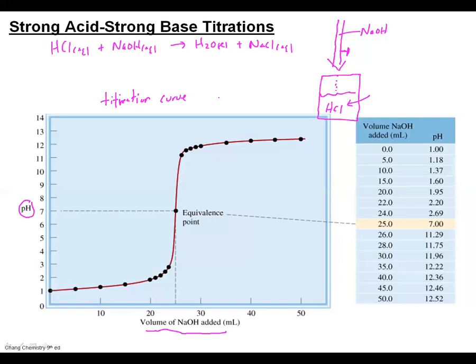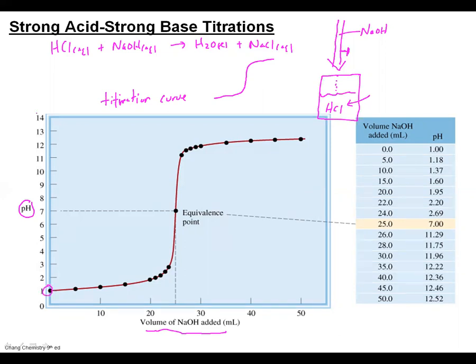You sometimes will see this sort of S curve that occurs. So let's talk about each of the parts of this curve. Let's start with the first part, which is way over here.